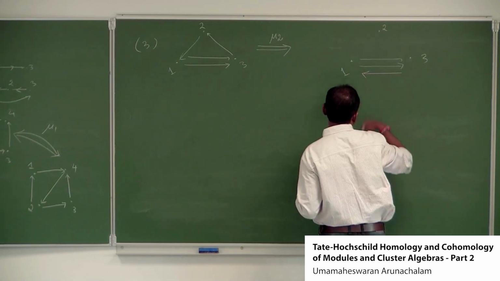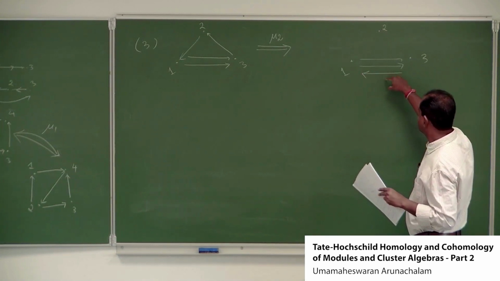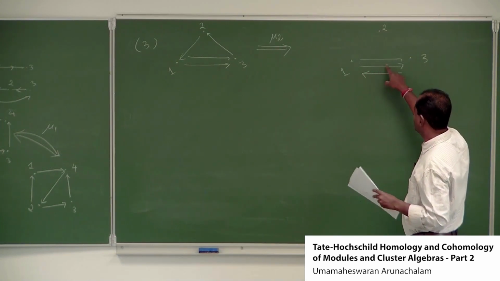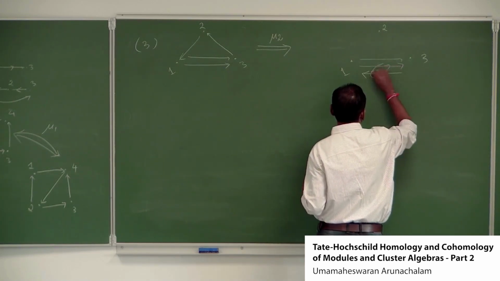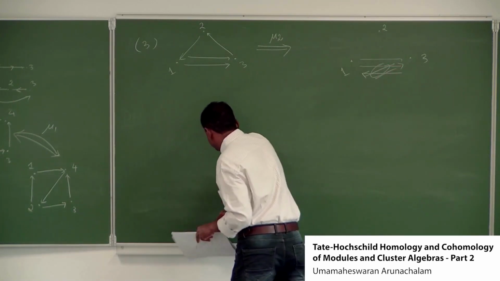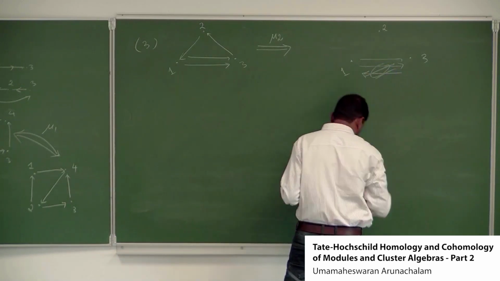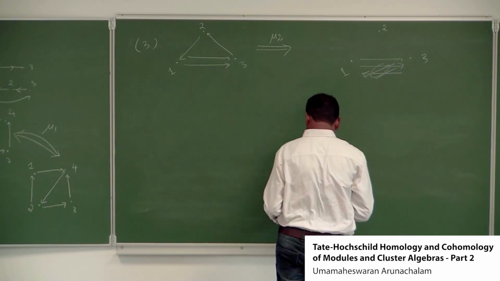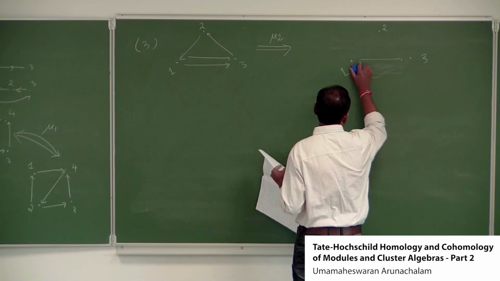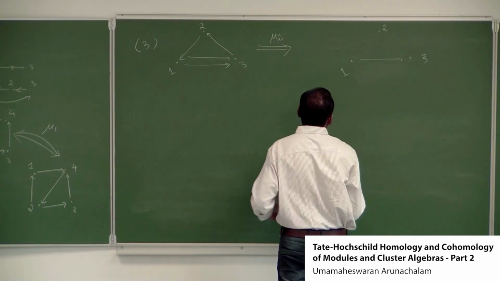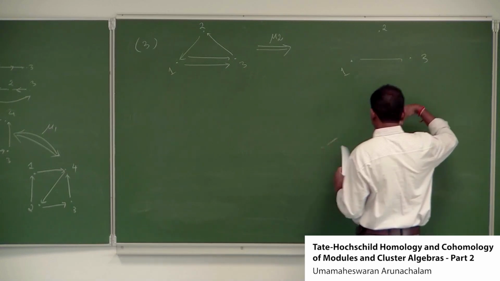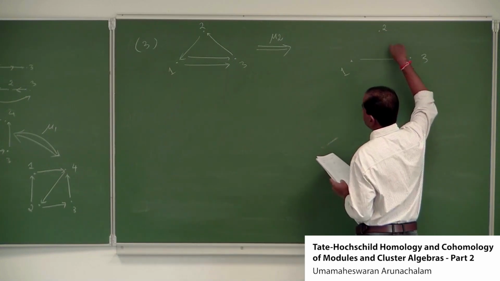From the first condition a cycle will form, so we have to remove this cycle. We have to remove this one and reverse the other arrows related to mu2.